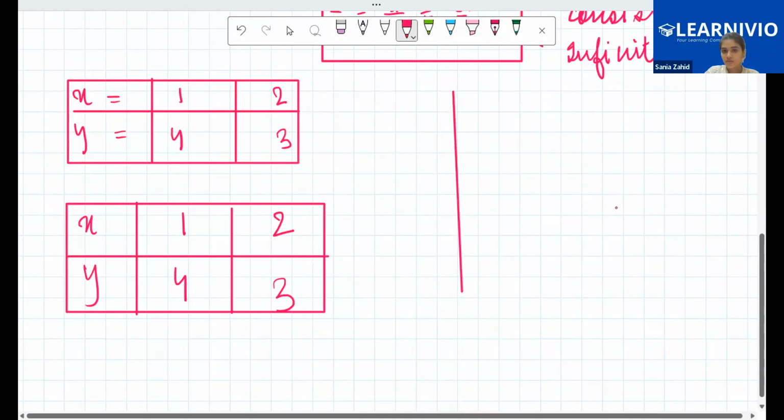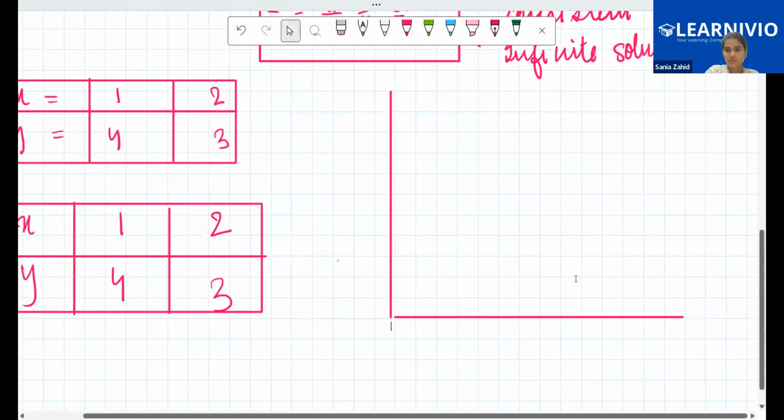Now you can plot the graph. This is the y-axis, the x-axis.